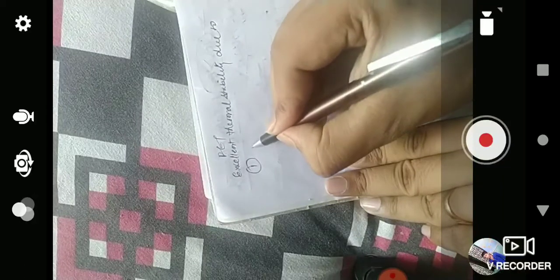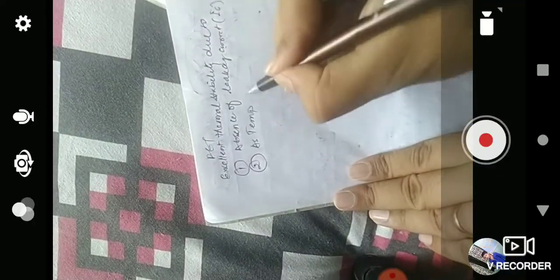So the FET has excellent thermal stability due to the absence of leakage current IG, and as temperature increases, ID slightly decreases.